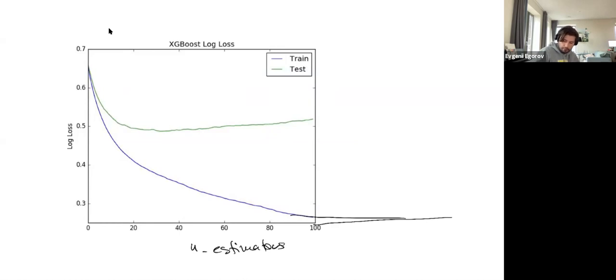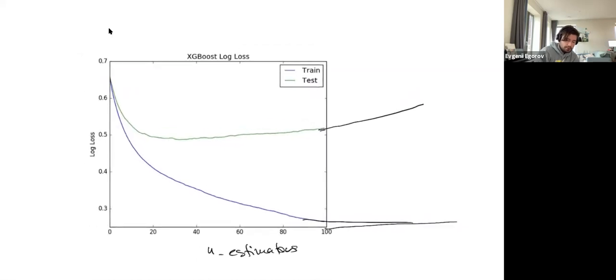And here we will start to increase a bit. So the first point is that boosting is overfitting.